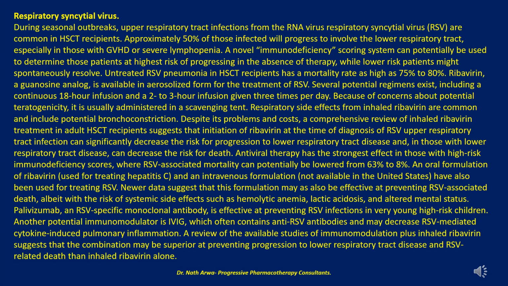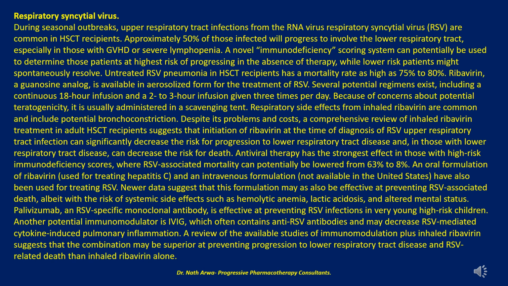We will now progress to respiratory syncytial virus. During seasonal outbreaks, upper respiratory tract infections from the RNA virus respiratory syncytial virus, abbreviated as RSV, are common in hematopoietic stem cell transplantation recipients.